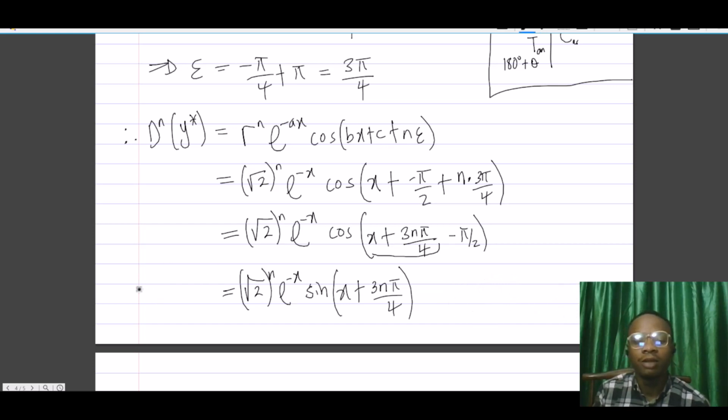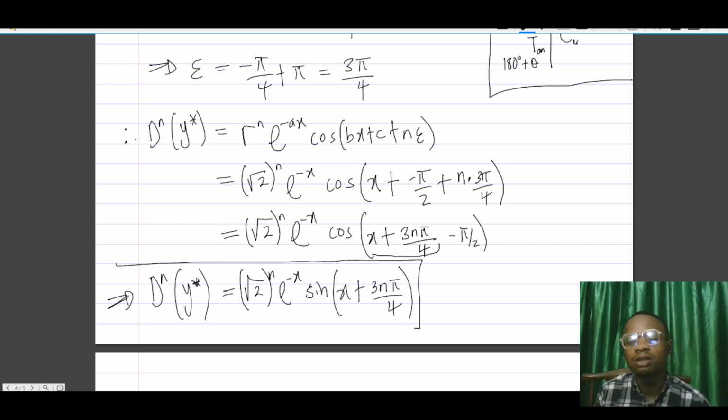So therefore, we have our result. That means the nth derivative of y star, which is what we have up there, is going to be equal to this, using the results we established earlier.